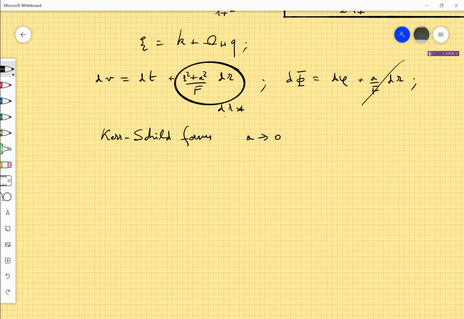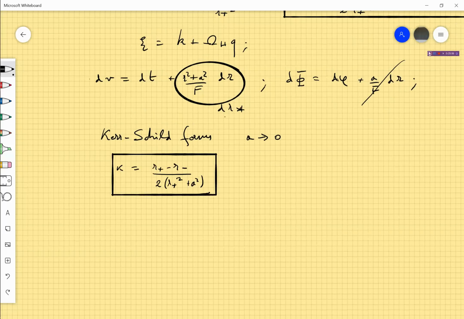And if you do all the calculations, okay, you will find that kappa is r plus minus r minus divided by 2 times r plus squared plus a squared. And again, in the extremal limit, kappa vanishes.